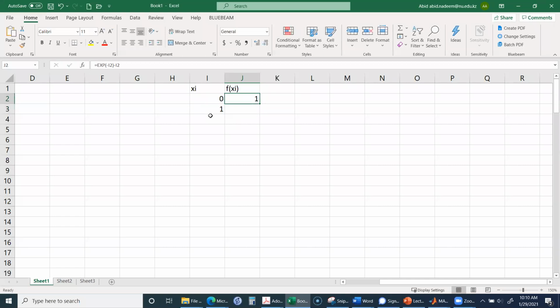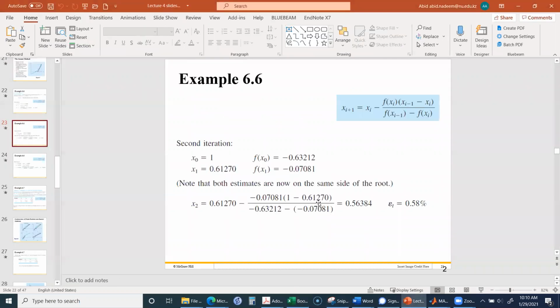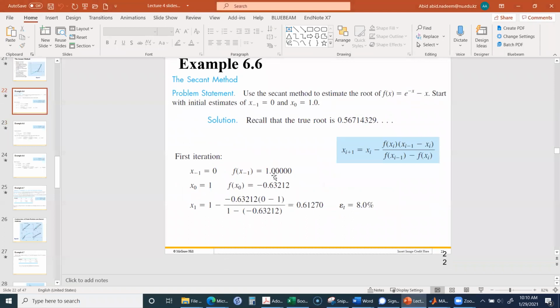So this was 1, and then this 0, and now this is here. For this is 1 and 0 minus 0.632. So you can see that we have the same 1 and minus 0.632.